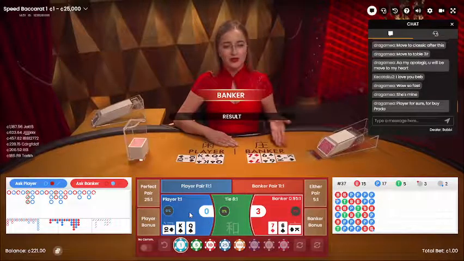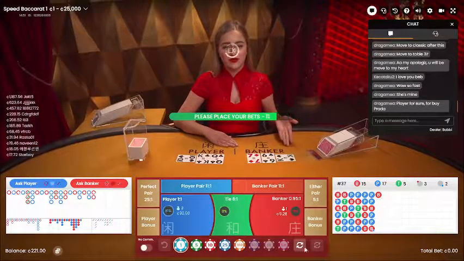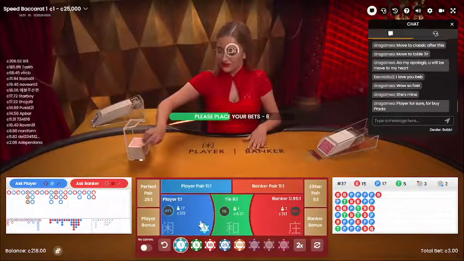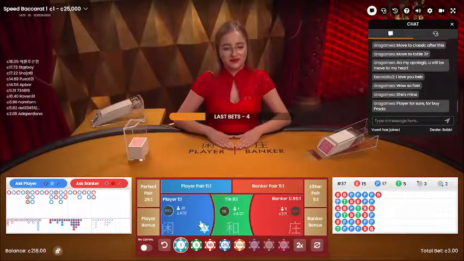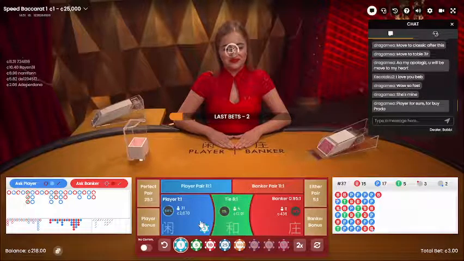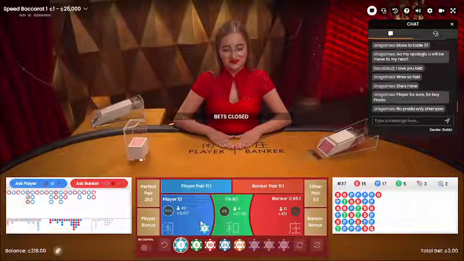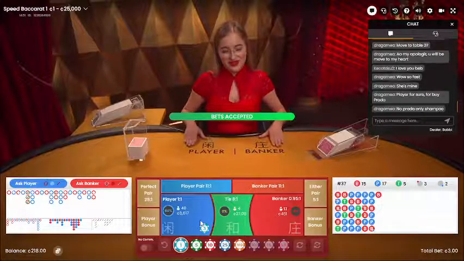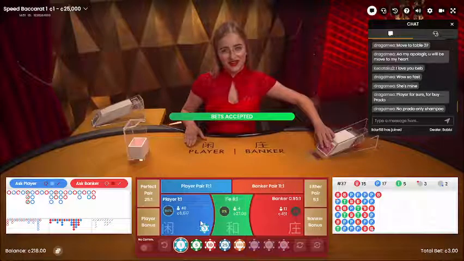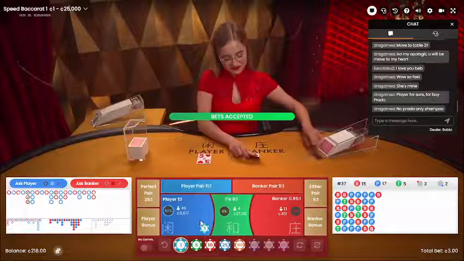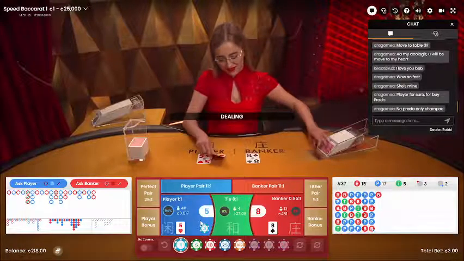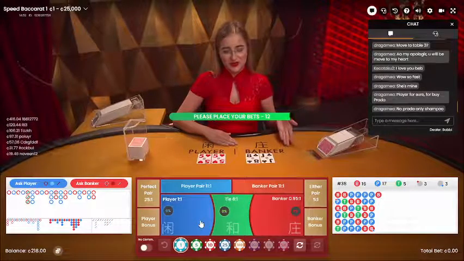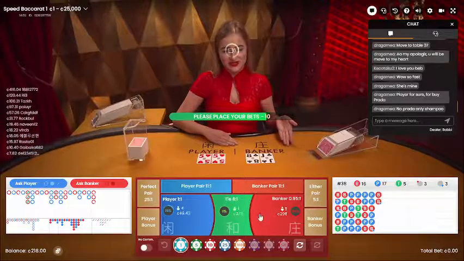Okay, so we lost our first bet, so our next bet is for player, so we place 3 units on player once again. We lost our second bet, so now we move to banker.